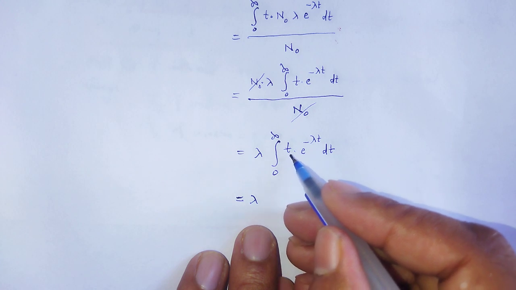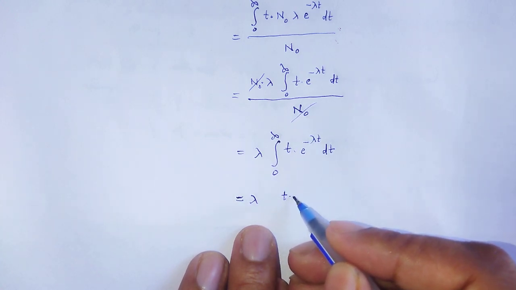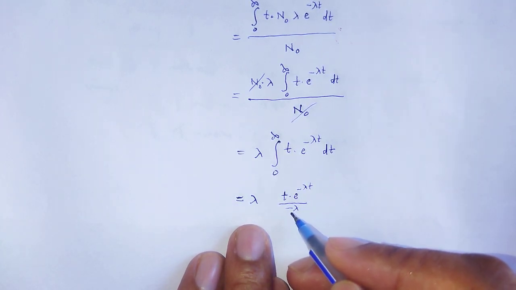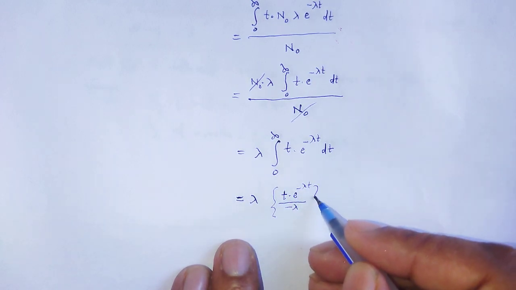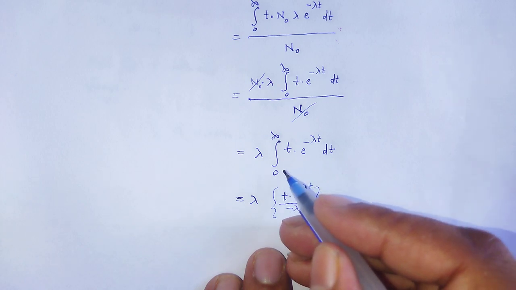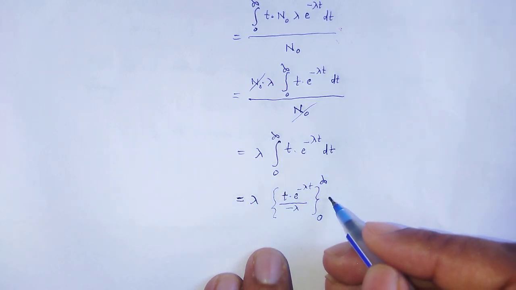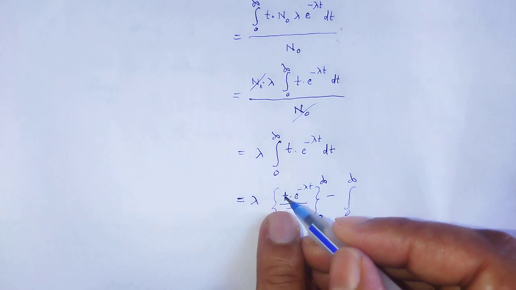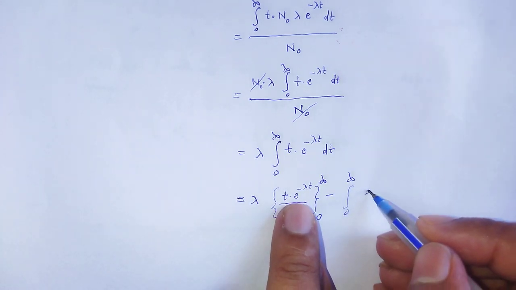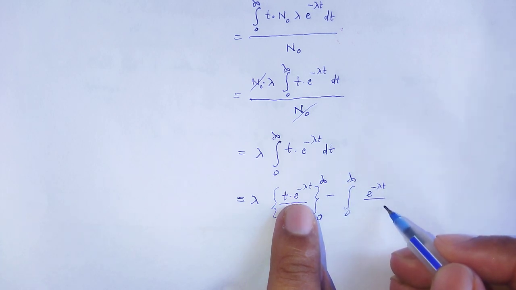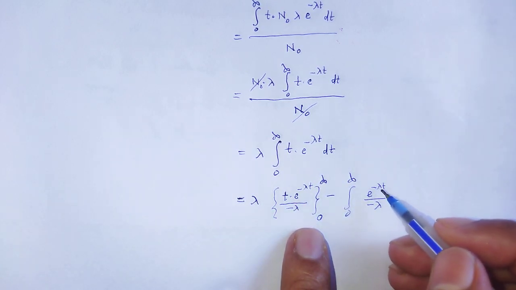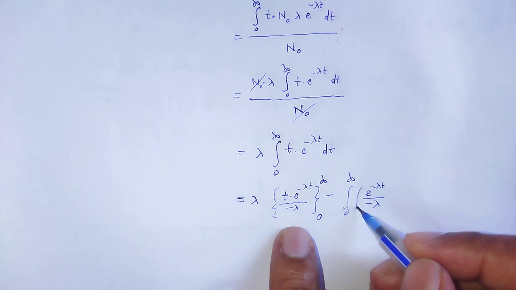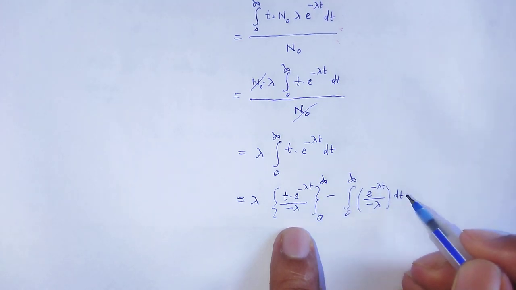First integrating this term, with the other term as constant: t e to the power minus lambda t divided by minus lambda, with limits 0 to infinity, minus the integration over 0 to infinity of the integral of e to the power minus lambda t, which is e to the power minus lambda t divided by minus lambda, times the derivative of t, which is 1, with respect to dt.